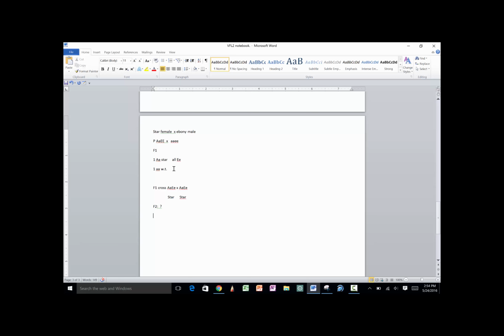What we know is we're going to get 2/3 star and 1/3 wild type. We also know we're going to get 3/4 wild type and 1/4 ebony.